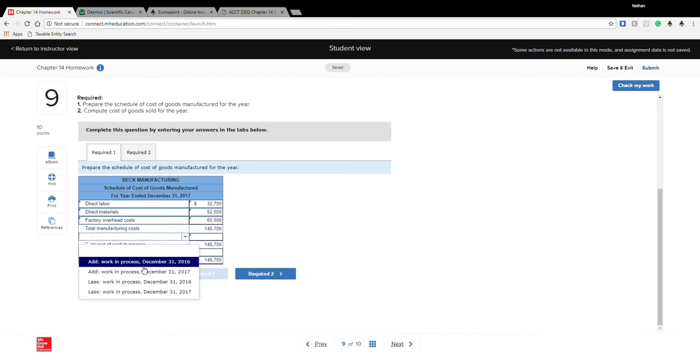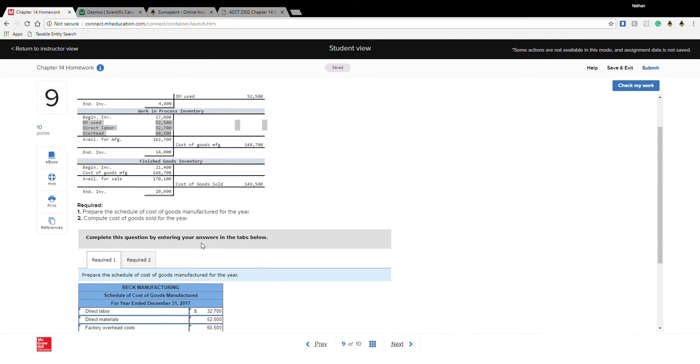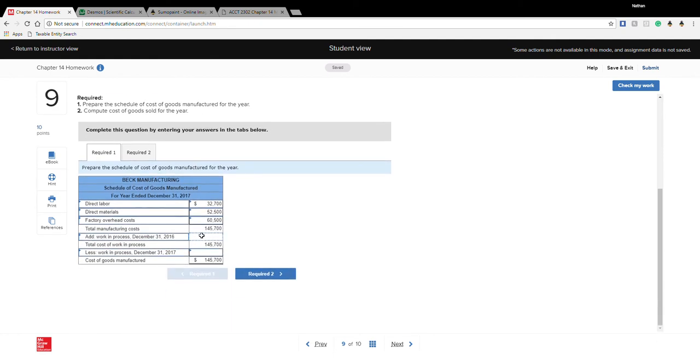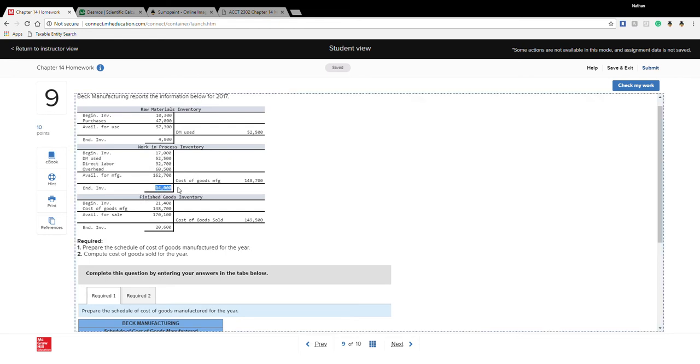And now we just add again the beginning, which should be 2016, since we're doing it for the year ended December 31st, 2017. Less work in progress, and we just fill that in. So beginning inventory was 17,000. And then ending inventory was 14,000 right here.